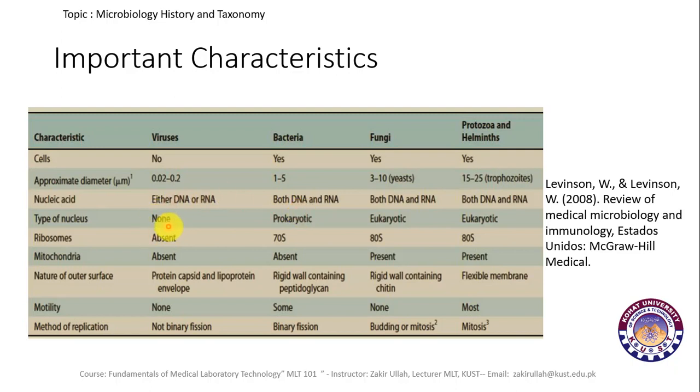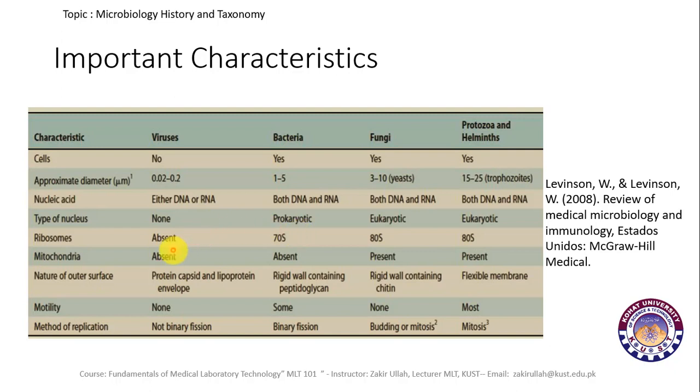The type of nucleus: as we know, the virus is non-cellular, so there is no nucleus in the virus. The bacteria is cellular, but its nucleus is simpler and not bounded by a membrane, so it is a prokaryotic type of nucleus, whereas fungi, helminths and protozoans have a eukaryotic type of nucleus.